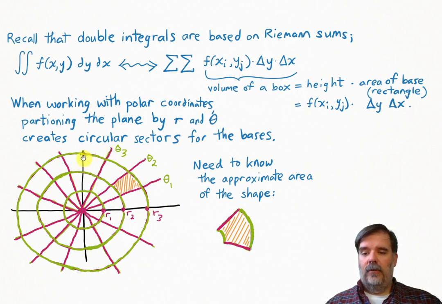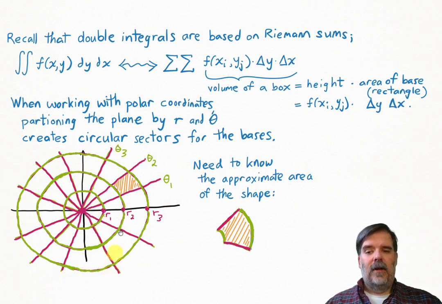As we go around, we have all these different values of theta. So we're still thinking of this as the base, and then there's some kind of a surface in 3 dimensions which sits above this base.